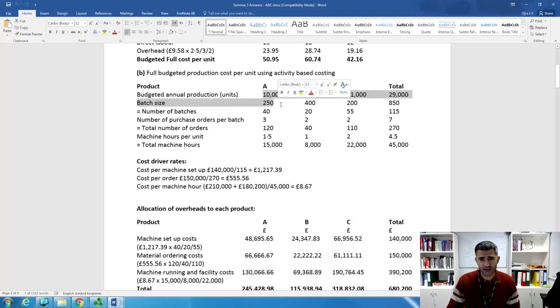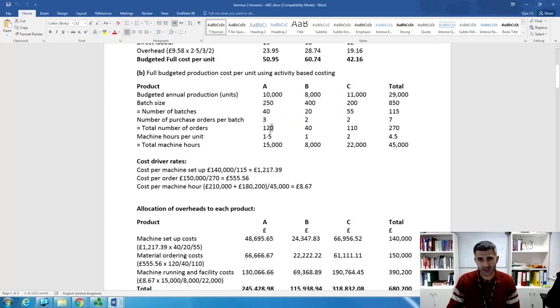If you divide by 250 units, in each batch we have 250 units, this means we have 40 batches for A. Can you see? 40 batches for A. And in order to find out the number of orders, what you need to do, as I mentioned, the number of batches, you need to multiply it by the number of purchase orders per batch.